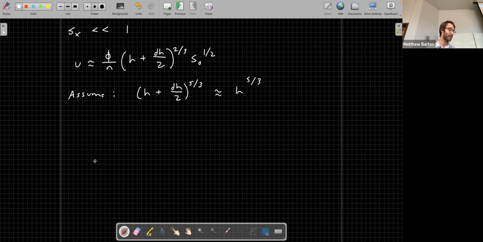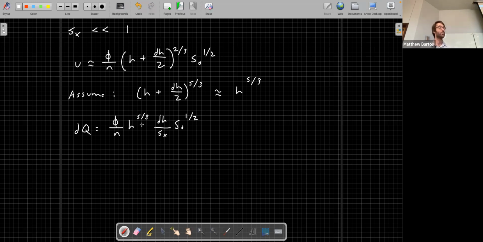And with that, we get the following expression for dq. dq is equal to phi over n times h to the 5/3 times s_x, dh divided by the lateral slope times the longitudinal slope to the 1/2 power.